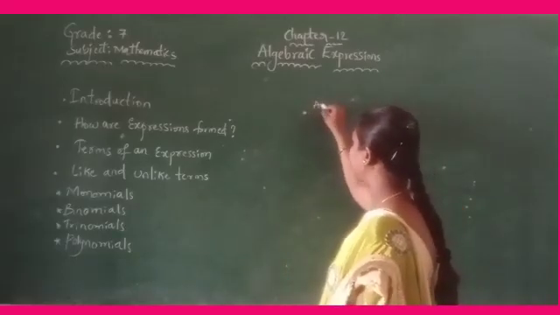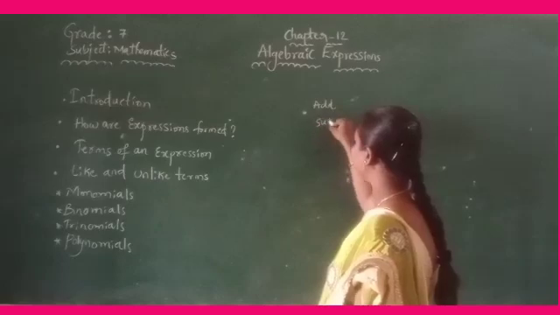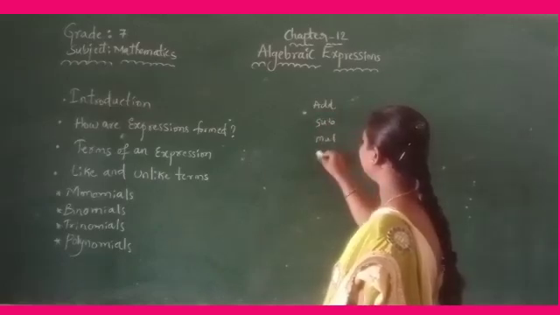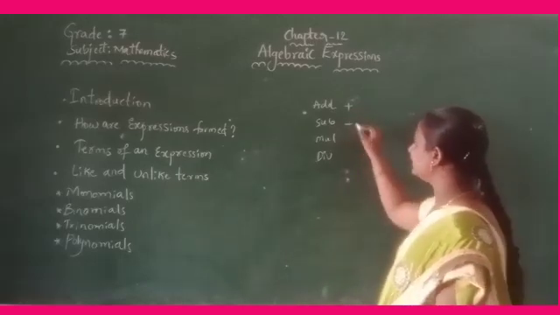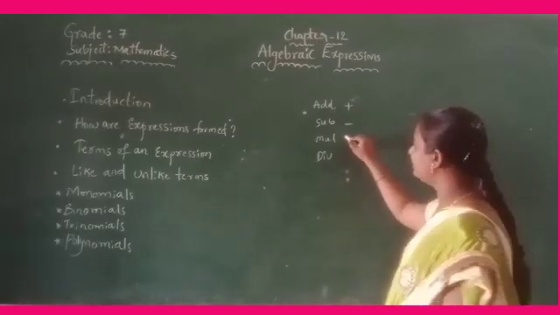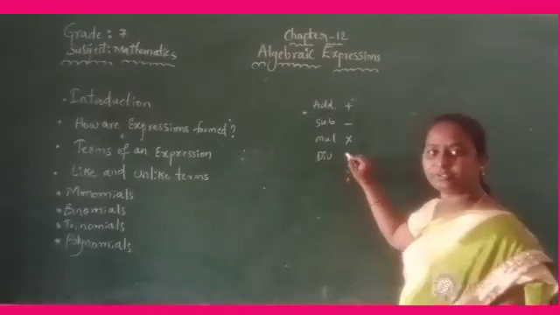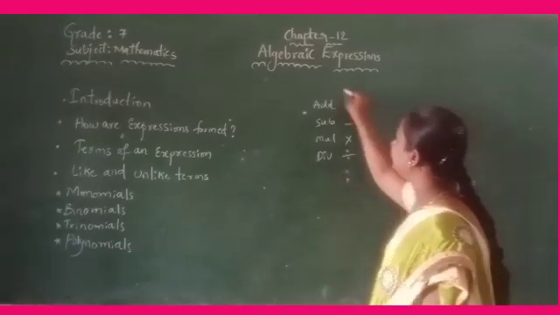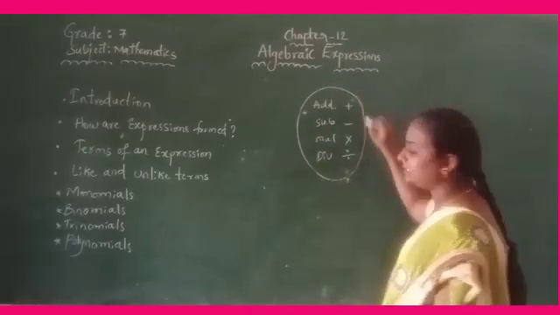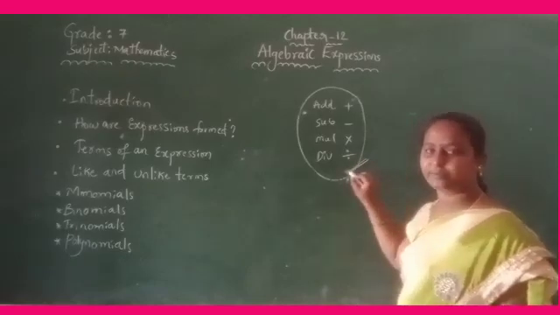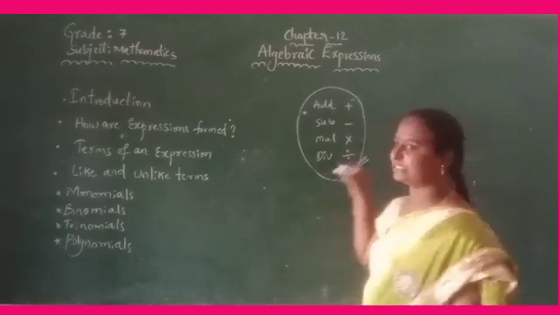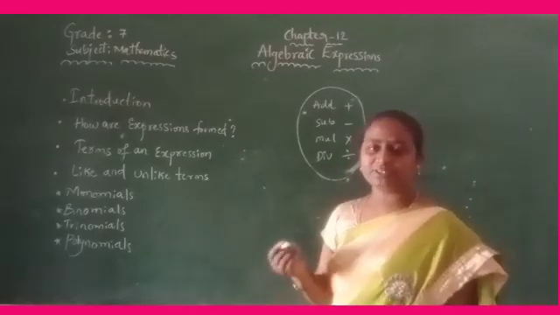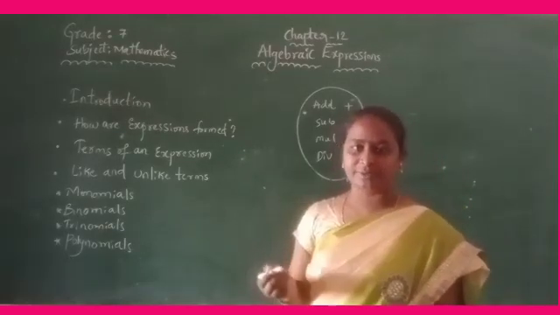That is addition, subtraction, multiplication, division. Addition symbol plus, subtraction minus, multiplication into, division divided. These are the 4 arithmetic operations, and by using them we can solve various problems.